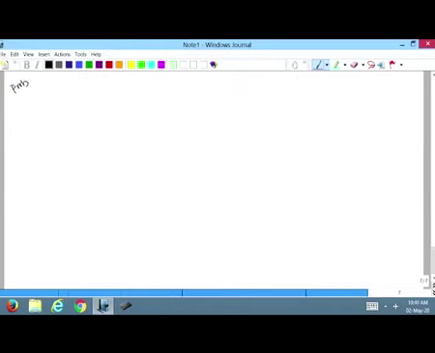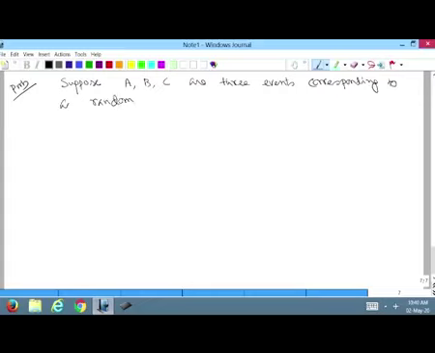Let us now consider another problem. Suppose A, B, C are 3 events corresponding to a random experiment E such that: 1.